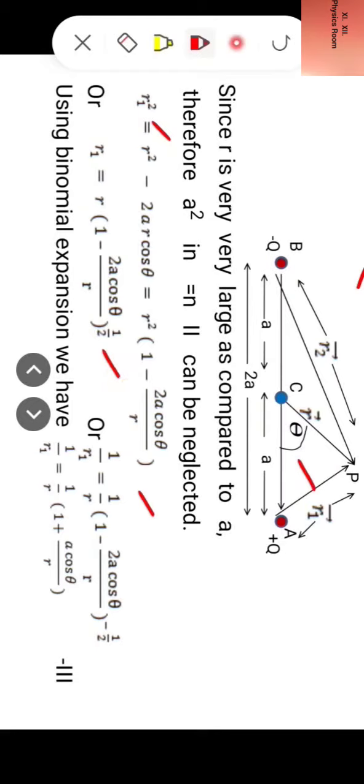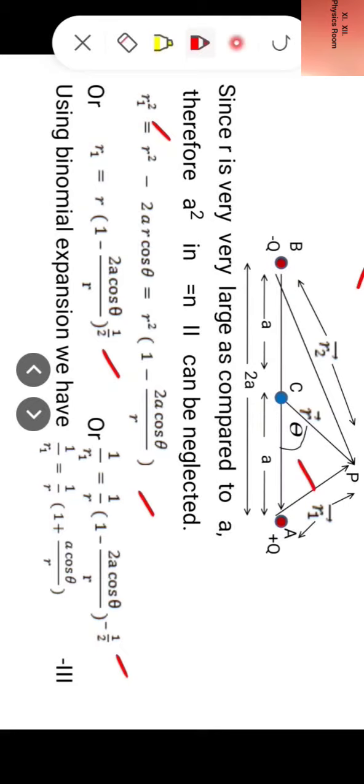After taking square root, we are left with R1 is equal to R into within bracket 1 minus 2A cos theta by R, bracket closed, raised to power 1 by 2. Or we can write it as 1 by r1 is equal to 1 by r into 1 minus 2a cos theta by r raised to power minus 1 by 2, after taking reciprocal of r1.